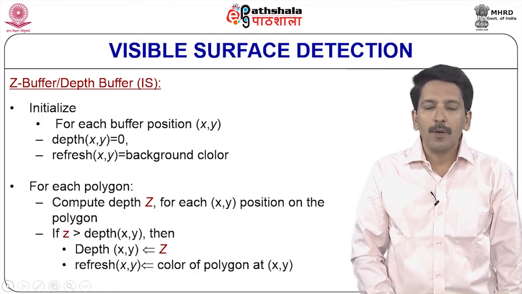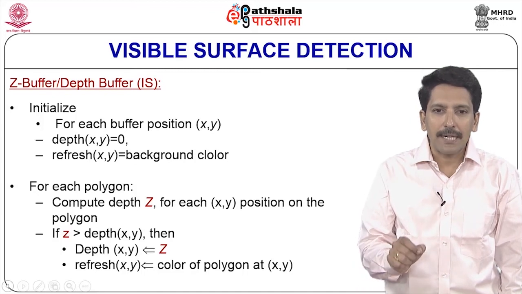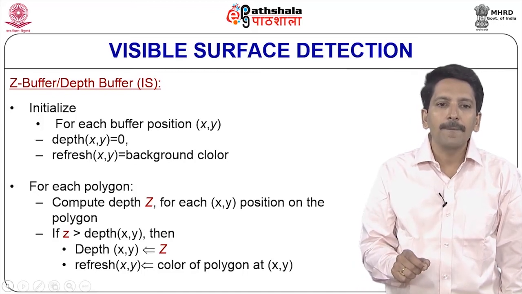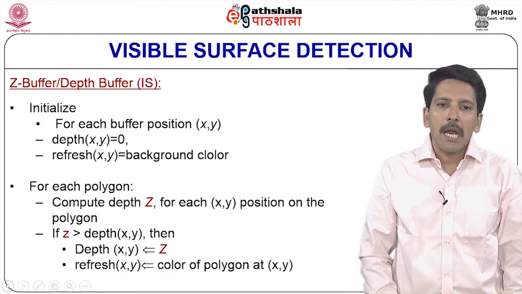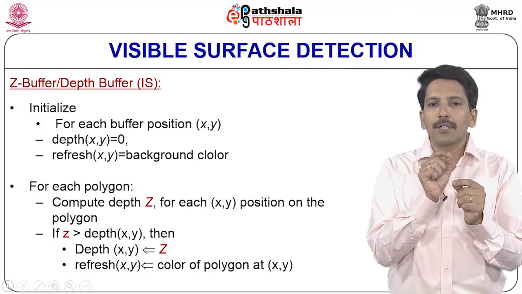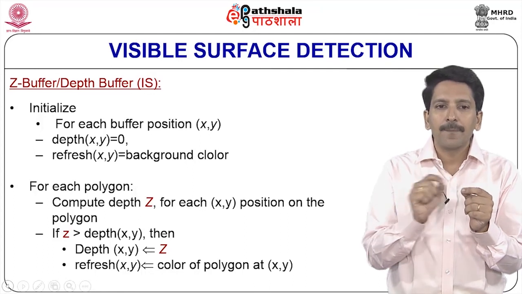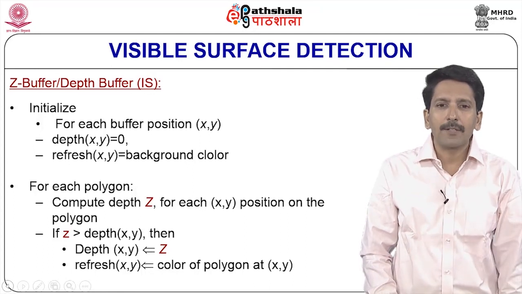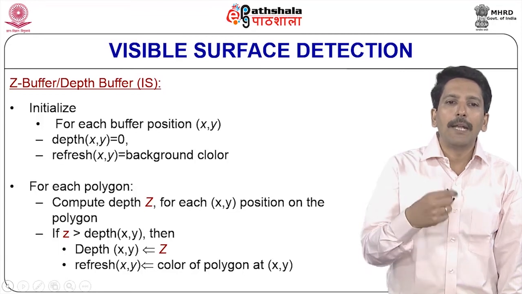So, for each polygon, do this processing: compute depth z for each xy position on the polygon. If z is greater than depth(x, y), that is, take each xy position and keep processing the entire thing. For every xy position, compute depths.